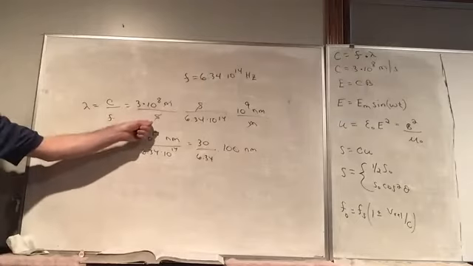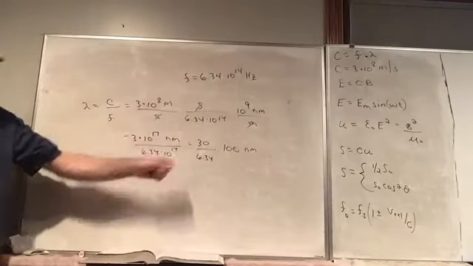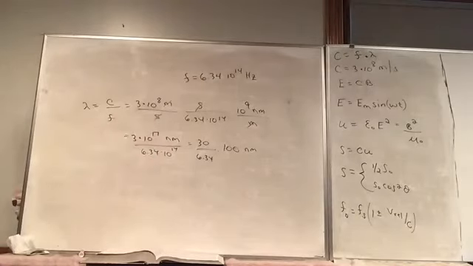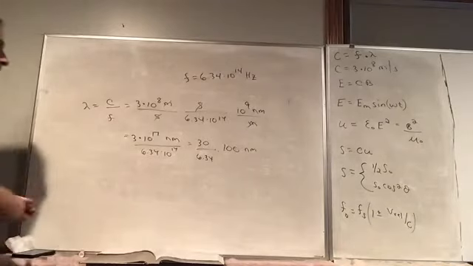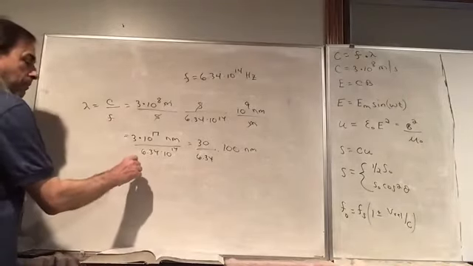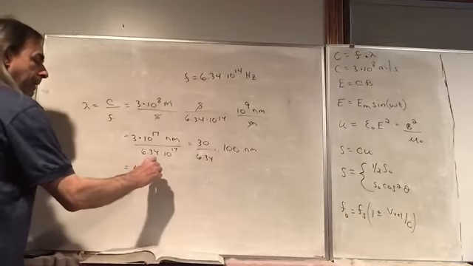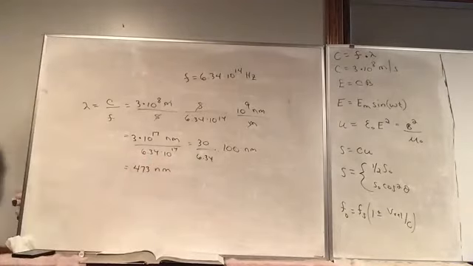So 30 times 10 to the 16, 10 to the 16 over 10 to the 14 is 100. This is going to be like 400 and some nanometers. 30 over 6.34. Yeah, so we got 473 nanometers, and that would be blue light.